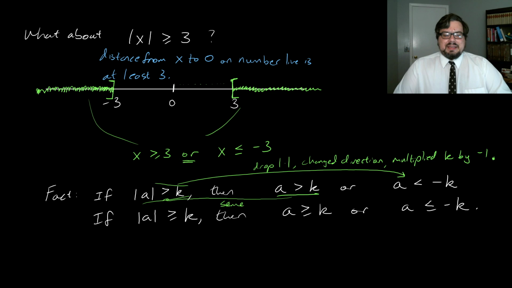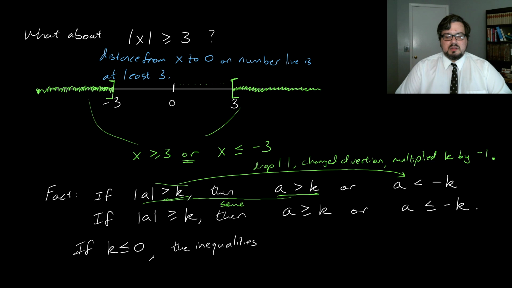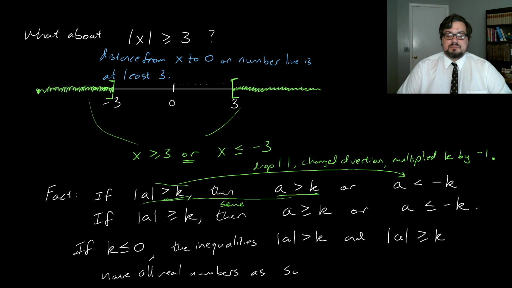Now, if k is less than 0, we can say something simpler than this, although it's a little different than before. The inequalities absolute value of a is greater than k and absolute value of a is greater than or equal to k have all real numbers as solutions.